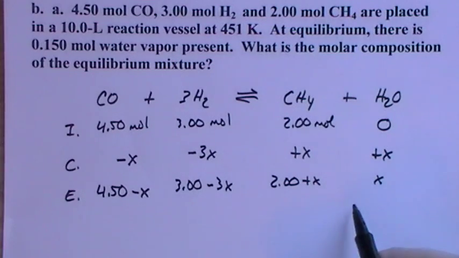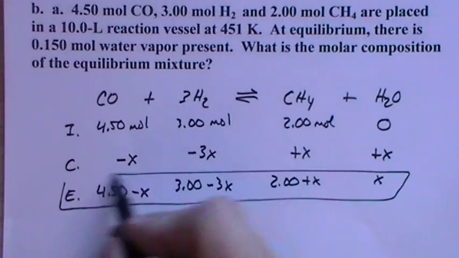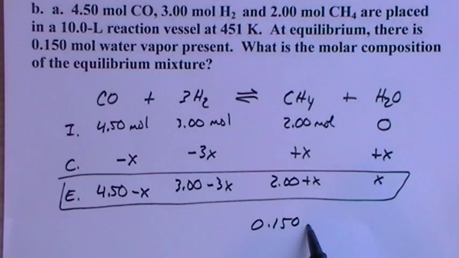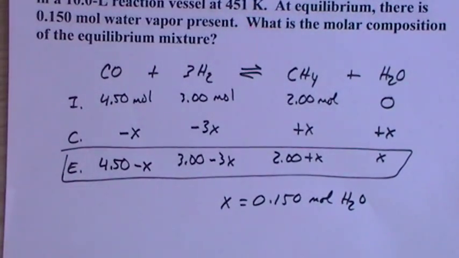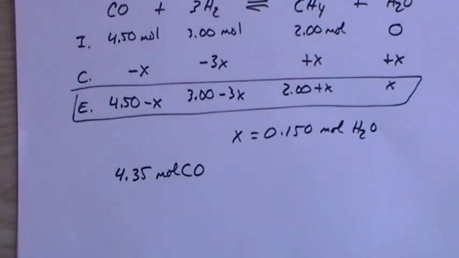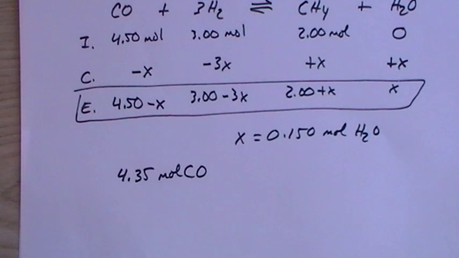So they say at equilibrium we have 0.15 moles of water. So that's equal to x. Once we know x, then we just plug everything in. X goes into each of these equations. So we end up with 4.35 moles of CO. It's 4.5 minus, let me make sure.